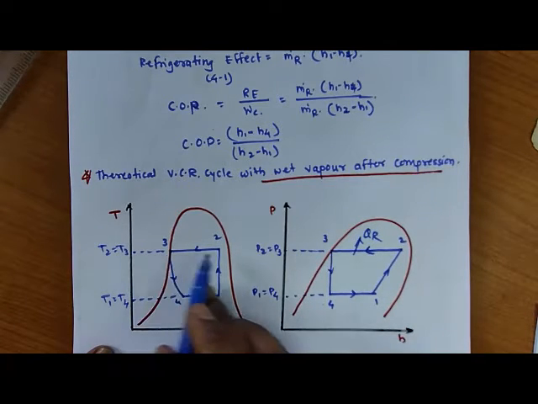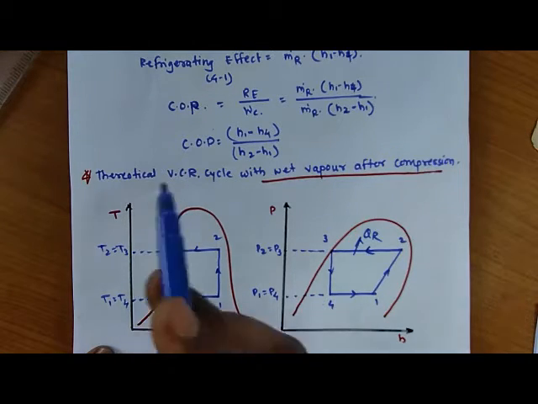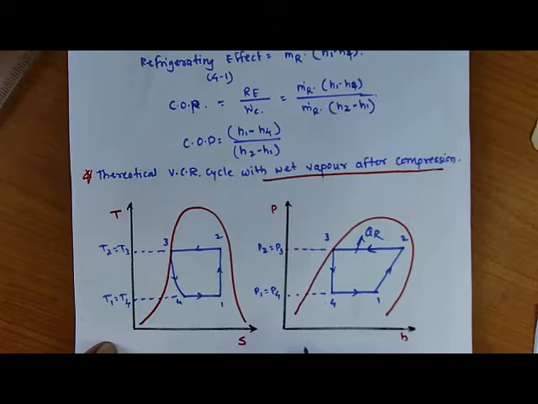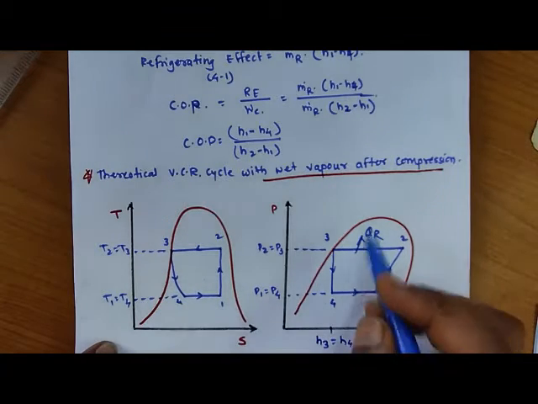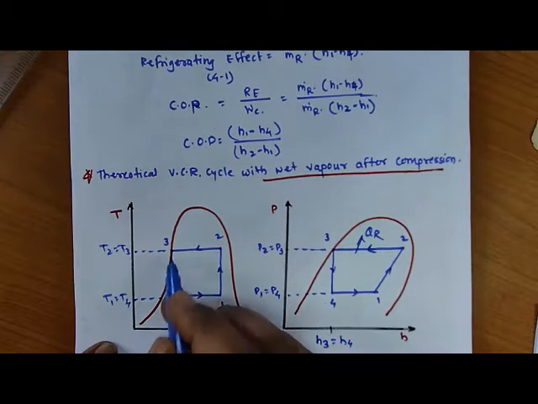Same again here, at constant temperature the process becomes 2 to 3, and point number 3 is available on the saturated liquid line. Now similar to the previous cycle, 3 to 4 is the throttling process, and in the throttling process the enthalpy is constant, so again H3 is equal to H4. Okay, so here in the pH diagram this is a vertical straight line, but in the TS diagram it is an inclined curve.